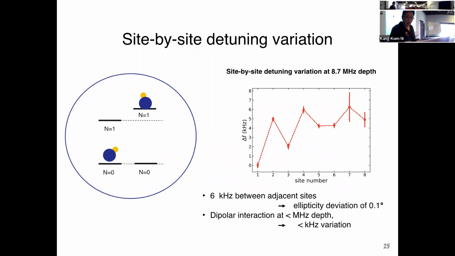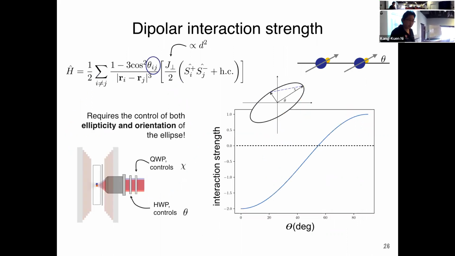Okay. So now with that, the next thing is to bring two molecules side by side for interaction. It turns out there's something peculiar, which is this anisotropy aspect of the molecule that we also need to consider. The molecules that we prepare at this magic ellipticity in the laboratory turn out to have their vector angle relative to the dipole direction lined up exactly where the dipole interaction is 0.